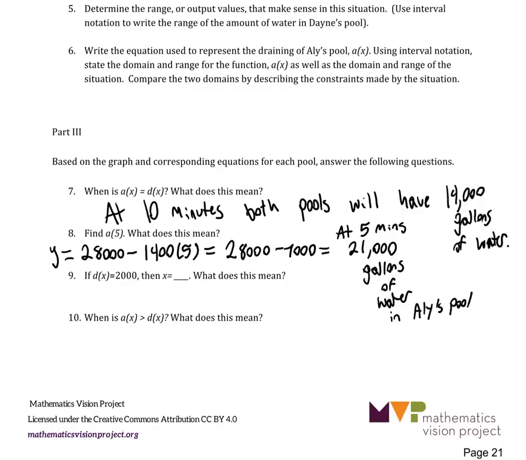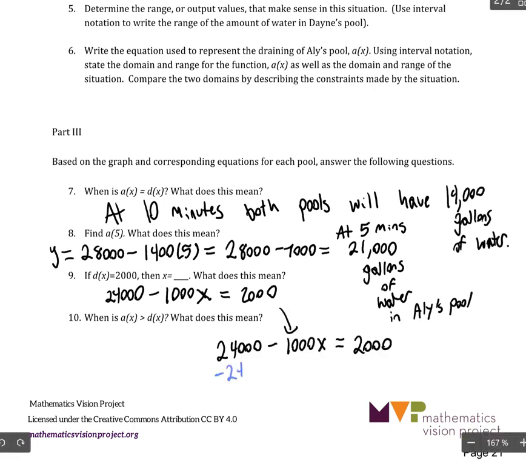Similarly, we could answer a question like number 9. So the equation for D of x for Dane's pool was 24,000 minus 1,000x. And we want to know when that's going to equal 2,000. So we can now solve this equation, which I'm going to do down here.